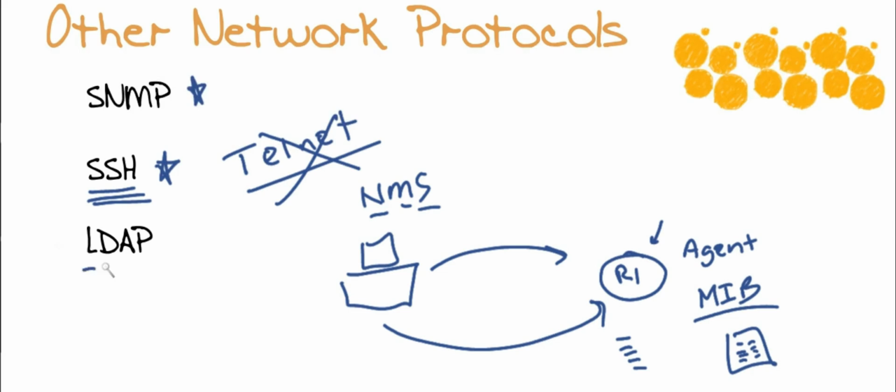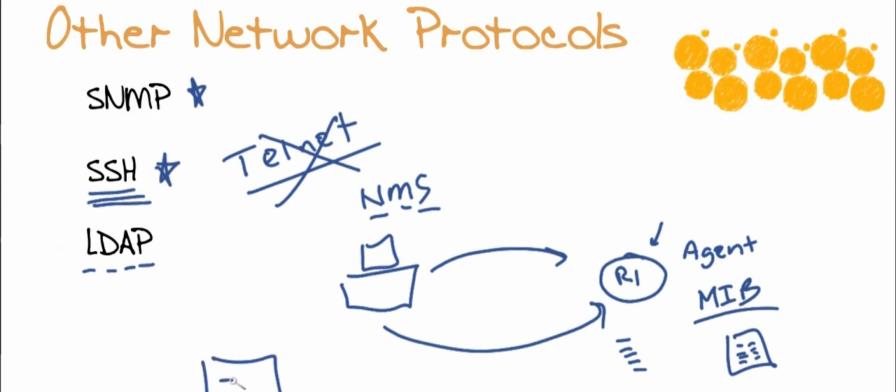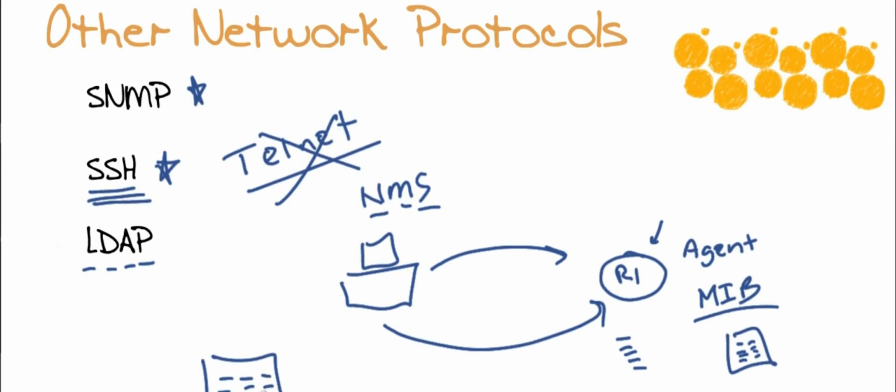Now, another cool protocol is the Lightweight Directory Access Protocol. What you can do with this is set up a directory of, let's say, all the users in your particular organization. So you have all of their user account information in this nice lightweight directory.